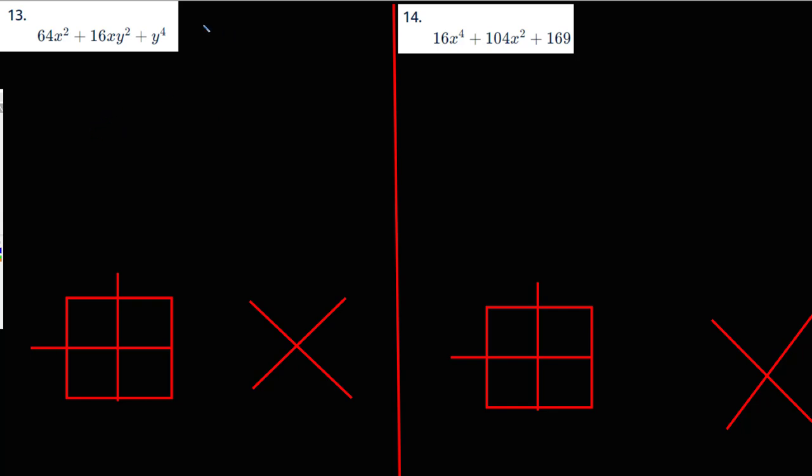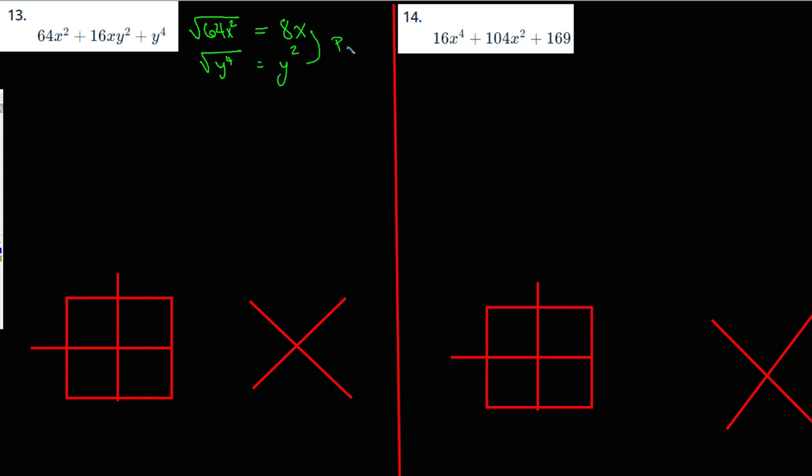So this is a different one. It's different than what we did before. We could still take the 64 and take the square root of it, and that gives me 8x. And I have the y to the fourth, and I can take the square root of it and get y squared.